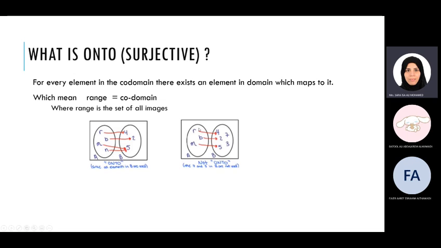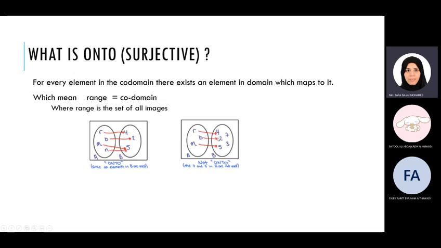Why? Because here it's a function: R, B, M all have arrows going out of them, so all of them are mapped. All of them have images. Is this onto? No, because 7 is not mapped to any element, and 3 is not mapped to any element in the domain.